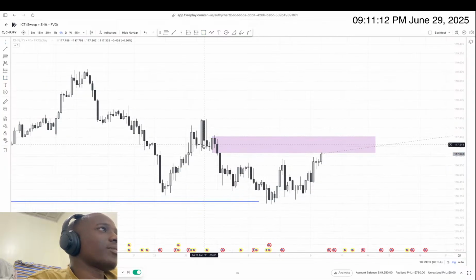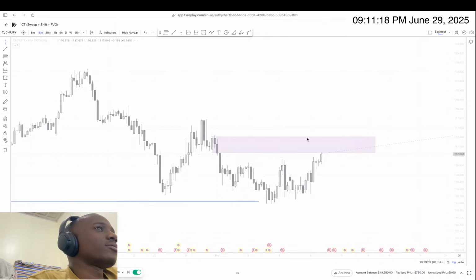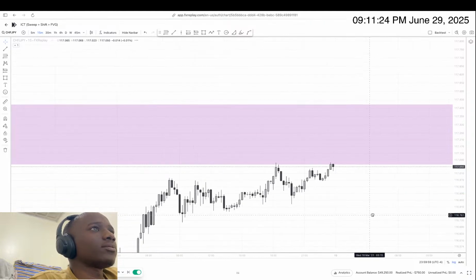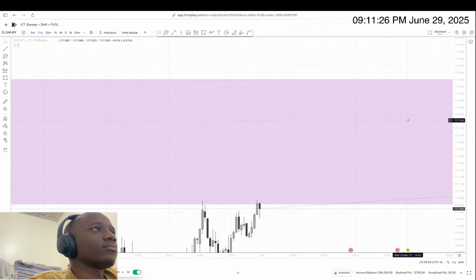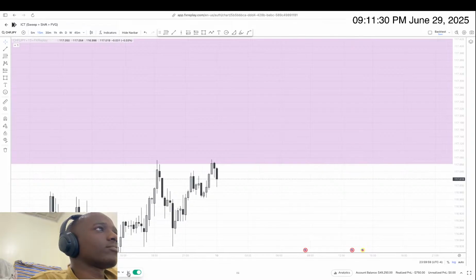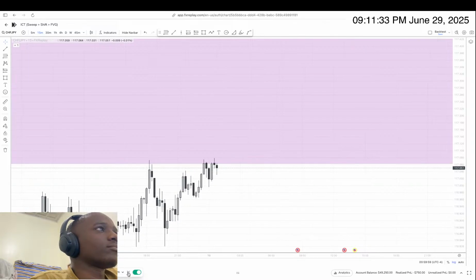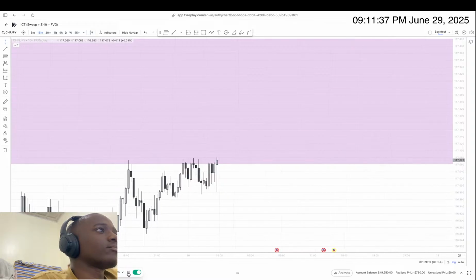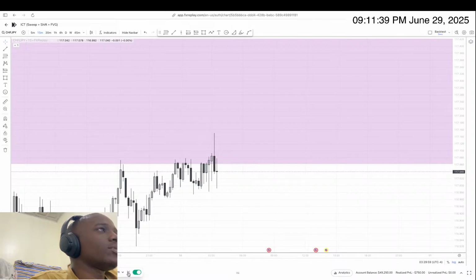So now I think I'll be looking for other blocks on the 4 hour. I have this other block, 15 minute. Let's see, we're in the middle of the night. Let's go to the next day. So London has just started.